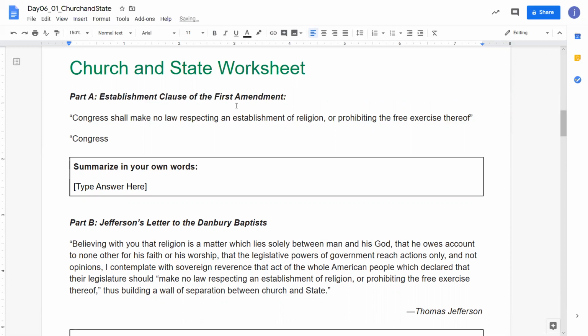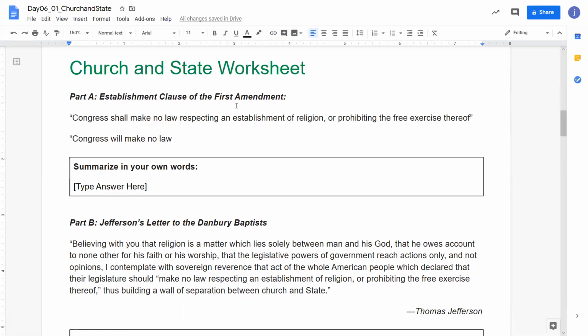So shall make no law, and we could change it to an easier word, will make no law respecting an establishment of religion. An establishment of religion just means the setup of a religious organization, things like that. And respecting means to give high praise or in regards to, about. So it will make no law.